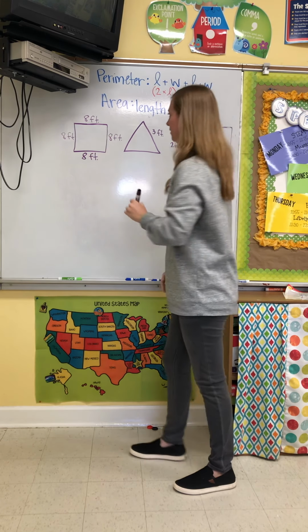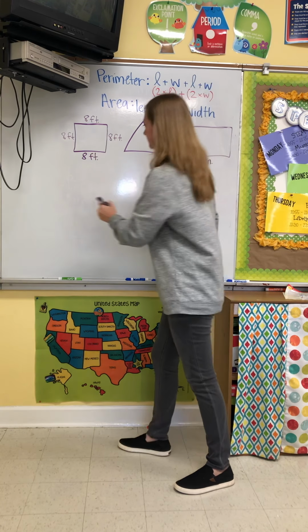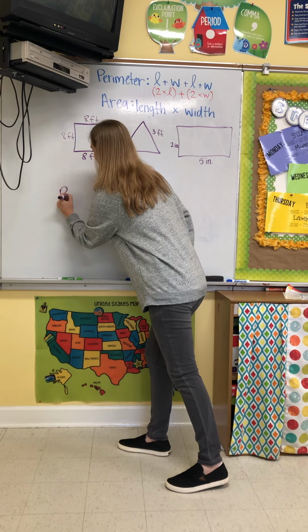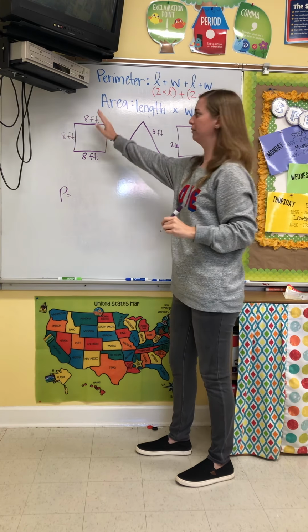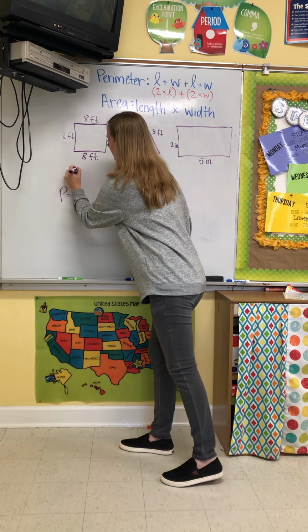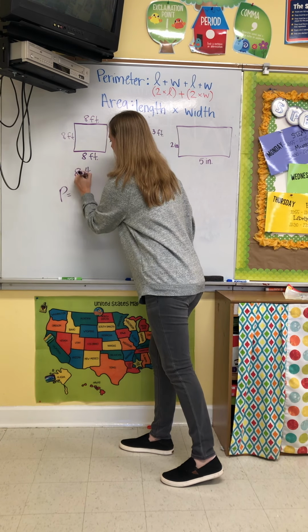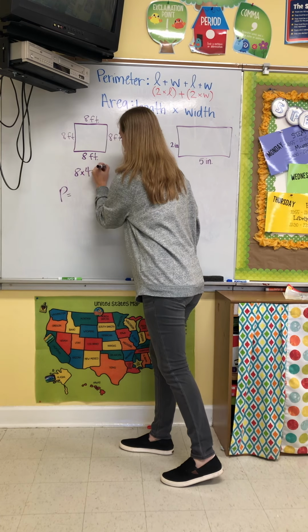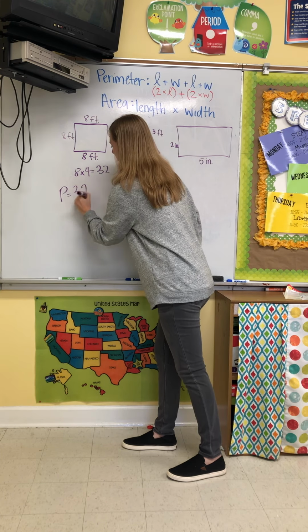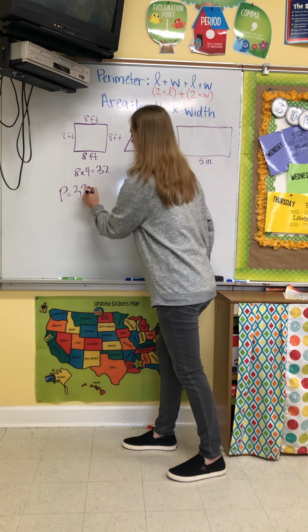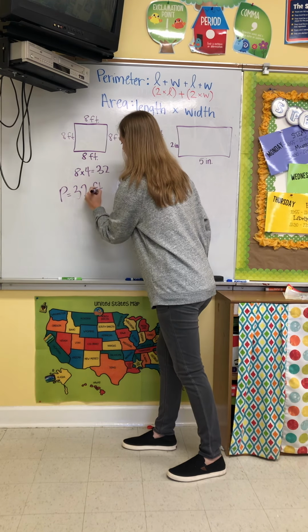You could add up all the sides, or you could simply do 8 times 4 because we have 4 sides. 8 times 4 we know is 32. So the perimeter of this square is 32.